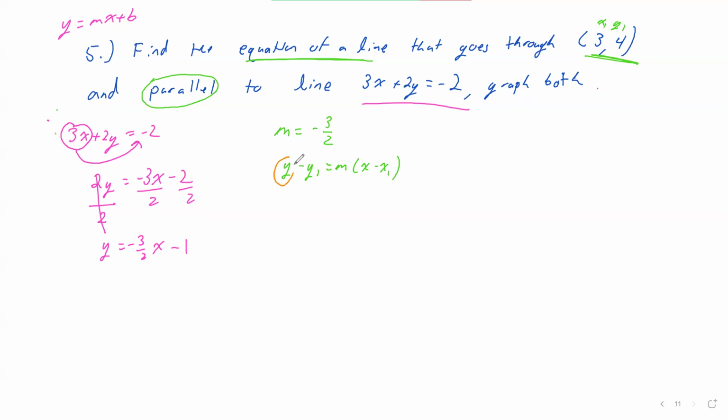Remember, I know it's a process. Keep the y and the x the same. So we get y minus my y1, which is 4, perfect.